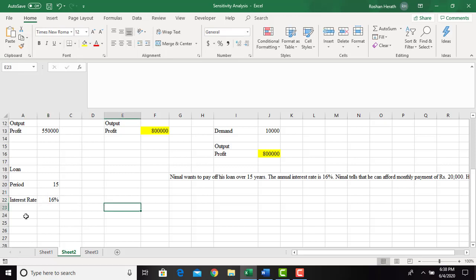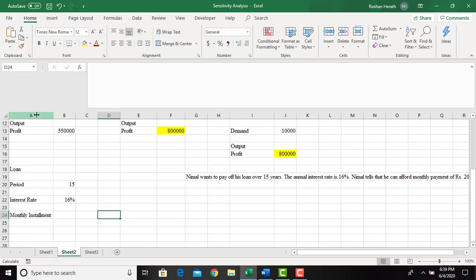The monthly installment, he says that he can only afford 20,000. So in order to work this out, first assuming some amount, you need to work out the monthly installment. Thereafter we can make the change and see, right? Okay.